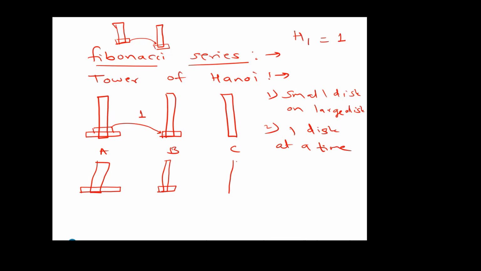Now, what should be my next move? Sorry, A to C, because the bigger disk I cannot keep on B, so I will shift it from A to C. So now the biggest disk goes to C. And what is my third move?